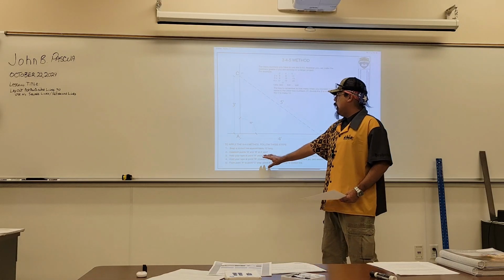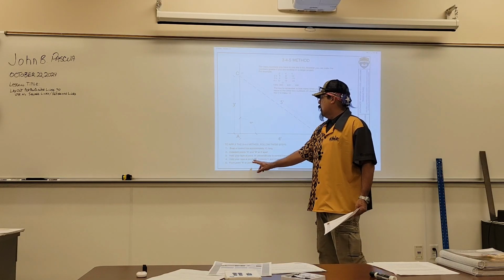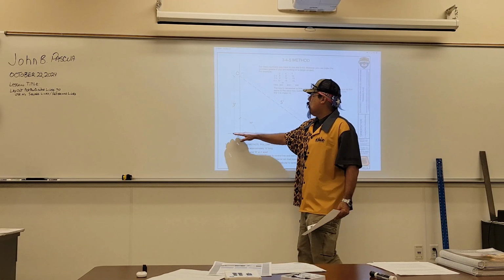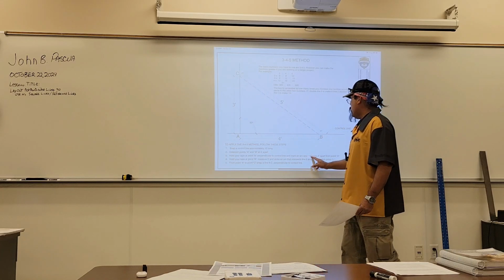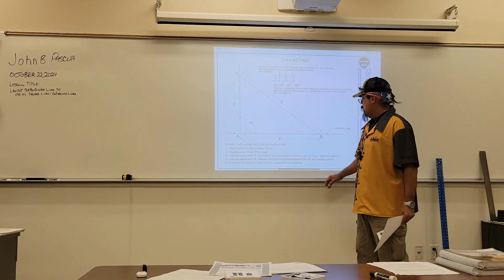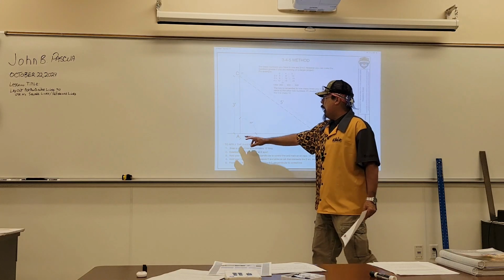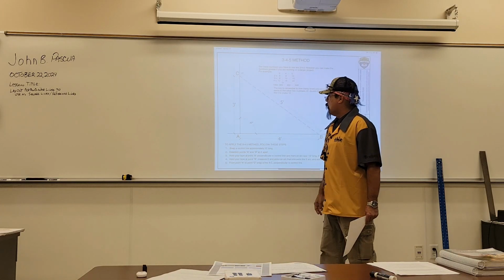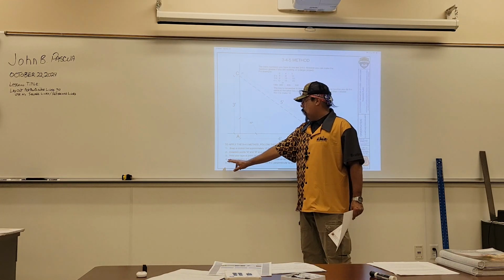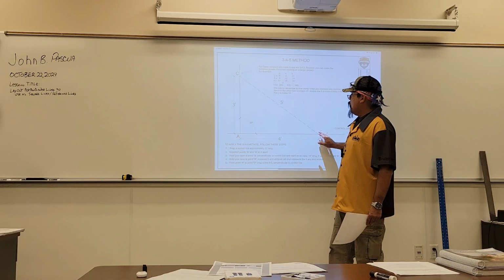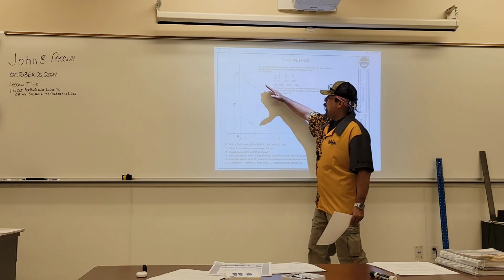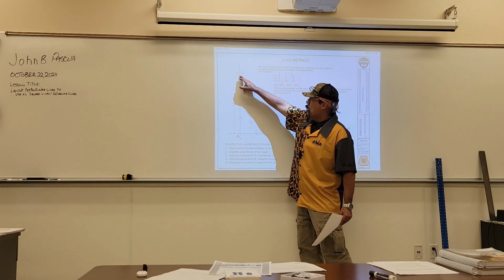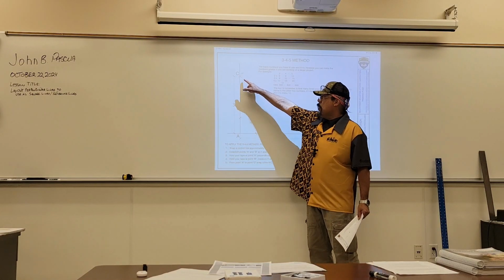Step 2, establish points A and B, 4 feet apart. Step 3, hold the tape at point A, perpendicular to the control line, and swing an arc approximately 12 inches long from A to the arc. Step 4, hold your tape at point B and strike an arc that intersects with the arc that we made in step 3.